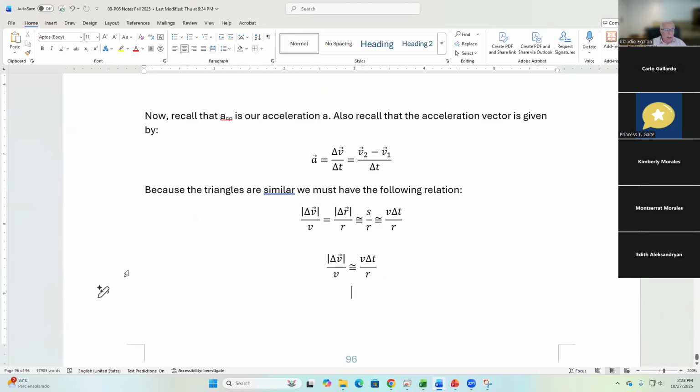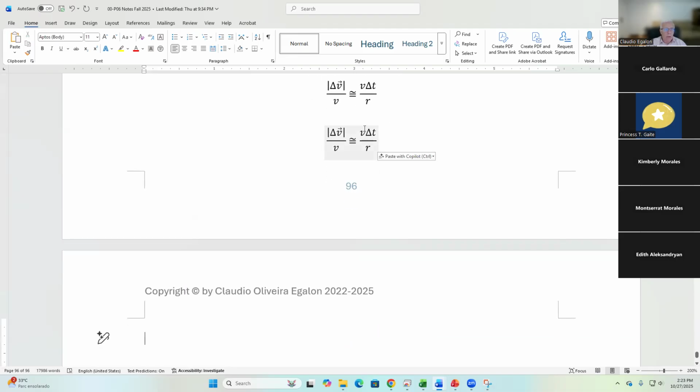What else am I going to do? I'm going to isolate this delta V and pass the V to the other side. Here you go. V delta T becomes V squared delta T. And then we do something else.